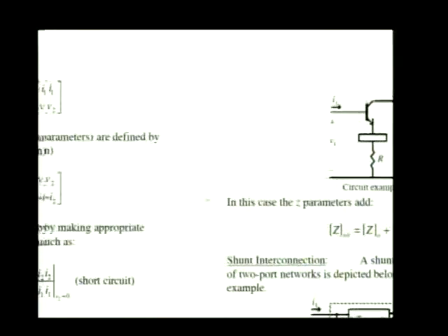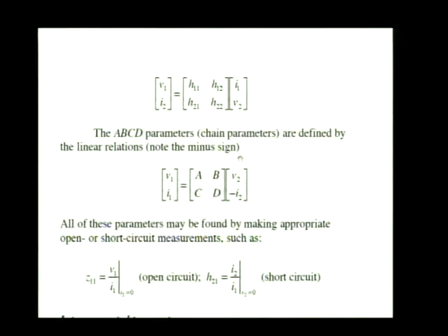The hybrid parameters used in electronics are obtained by treating V1 and I2 as the unknowns in terms of the known quantities I1 and V2 and writing two equations for the two unknowns in terms of the two known quantities, which can be written in matrix form as shown here in terms of the matrix of H parameters of the network.